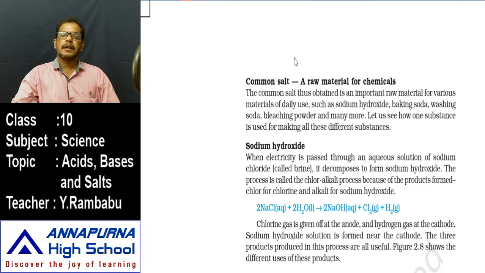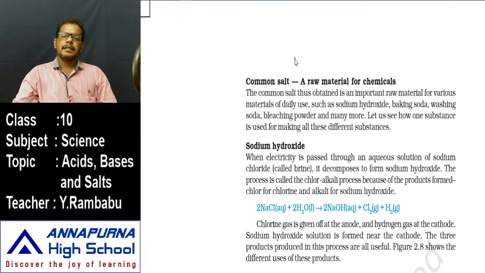That's why this common salt is a raw material for so many chemicals used in our daily life, or for industrial purposes, that are obtained from this common salt. One of the important materials obtained from common salt is sodium hydroxide.